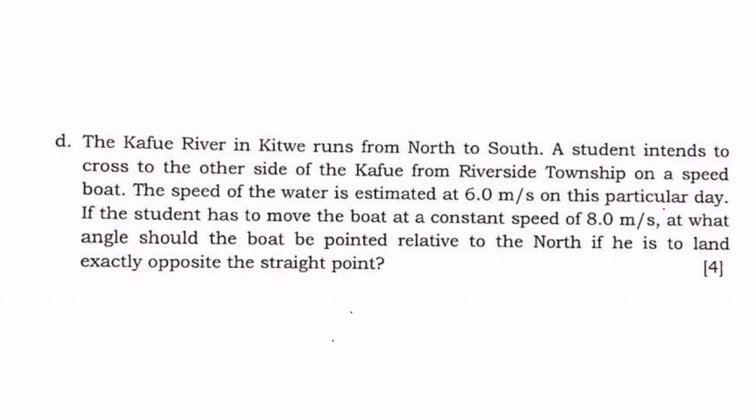If the student has to move the boat at a constant speed of 8.0 meters per second, at what angle should the boat be pointed relative to the north if he is to land exactly opposite the starting point? So, what should you do if they ask you that question?